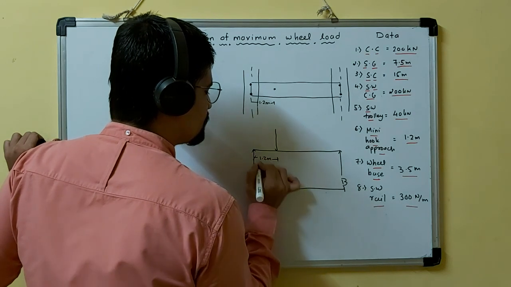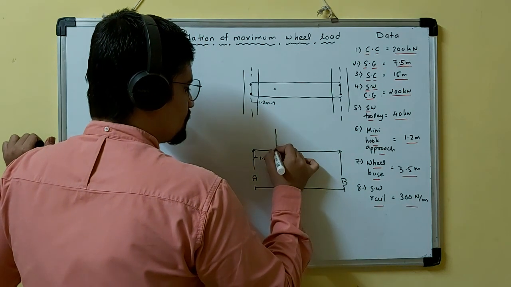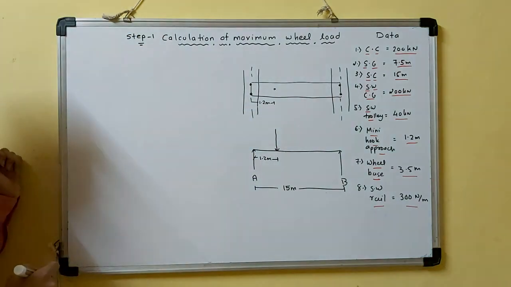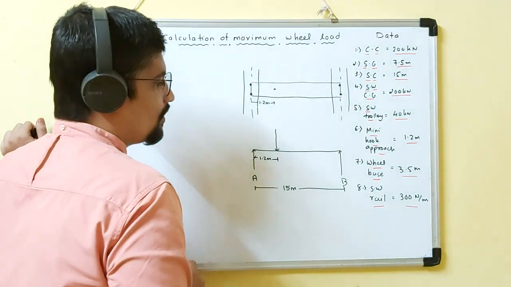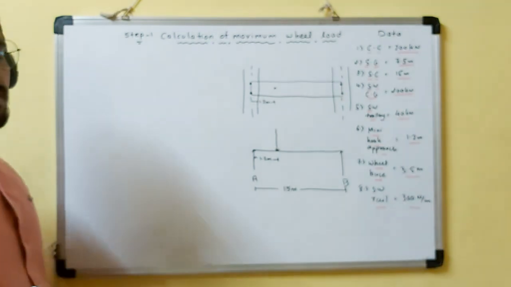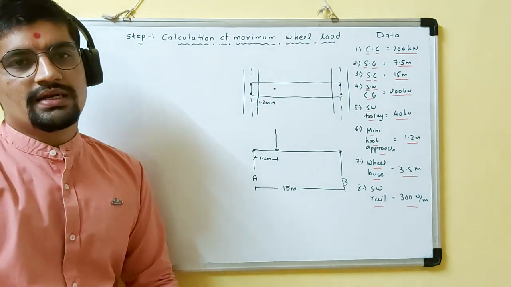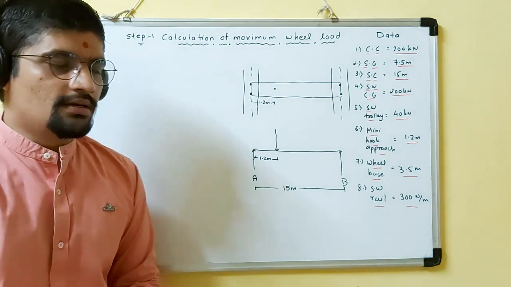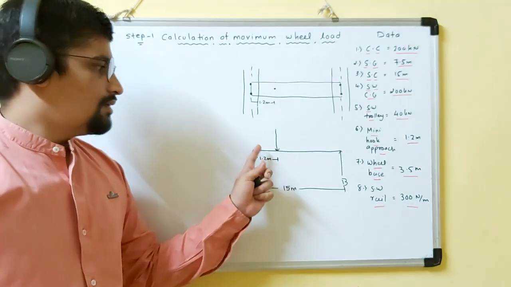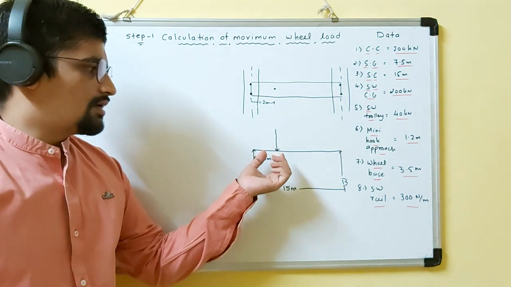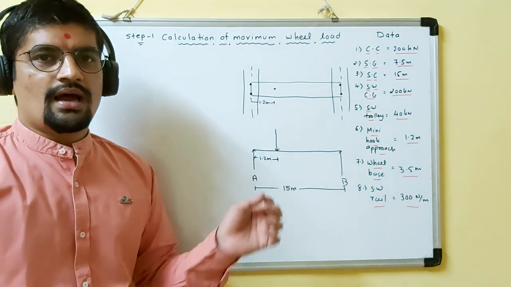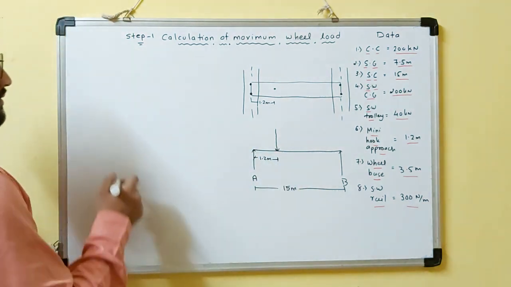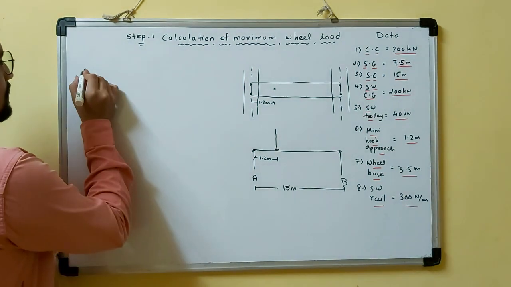Now we need to decide which loads are occurring. In the previous video I explained in the second point the loads acting on the gantry girder. Here all the loads to be considered are vertical loads. So which were the vertical loads?